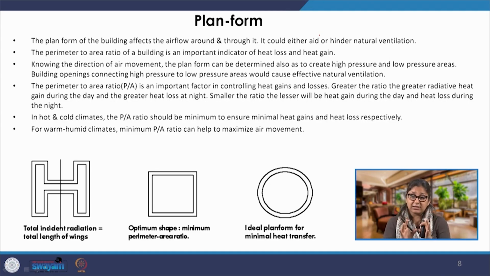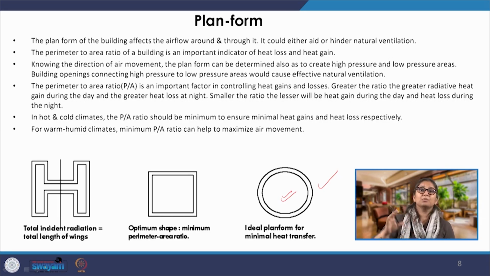Now, we have to understand the qualities of different plan forms. For example, if we have a circular plan form, we clearly know that the perimeter of the circle is smallest as compared to any other form for the same area that it encloses. That is the reason why in warm, hot climates, buildings are traditionally designed to be circular.